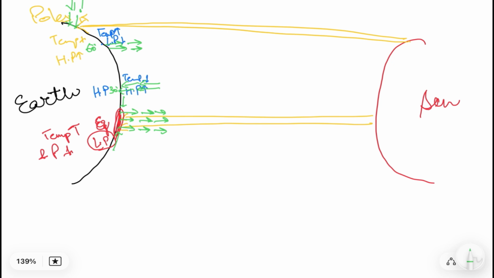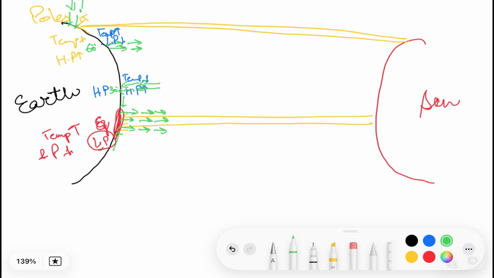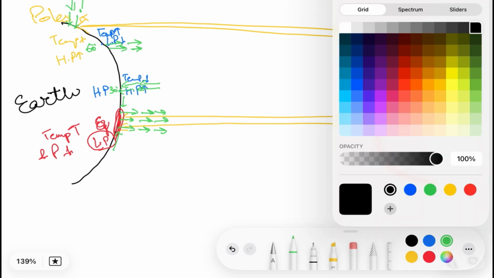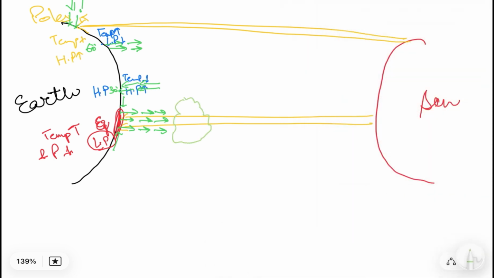So now what will it do? Since it is a rising air, it will form the clouds. Clouds will form here at the equator, and at the 60 degree also this is a rising air, so it will form the clouds.